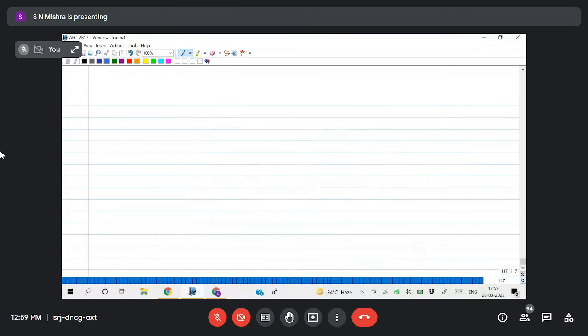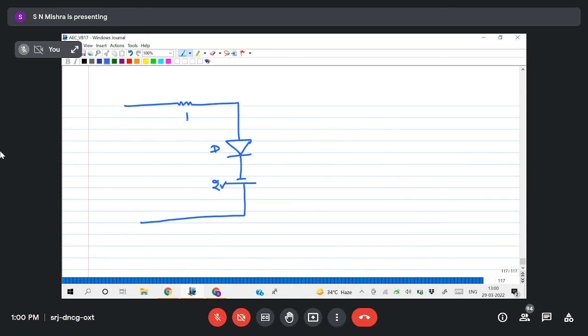Now I'll give a question to you. You'll practice and show me in the next class. I'll take the diode in the same direction, but I'll change the voltage polarity. Instead of +2, it will be -2. So 2 volt, E naught here input.